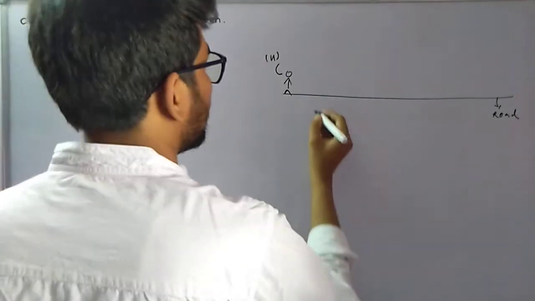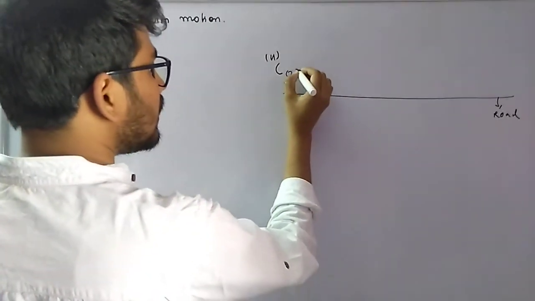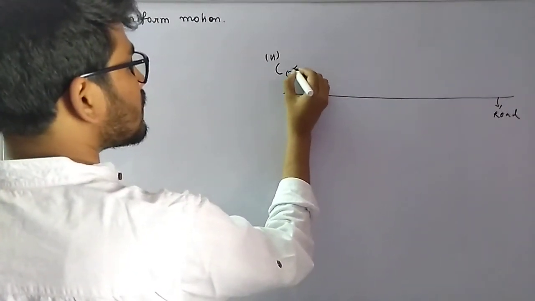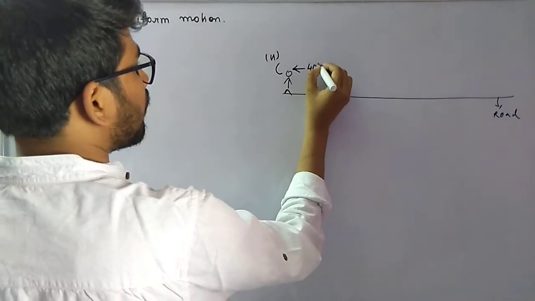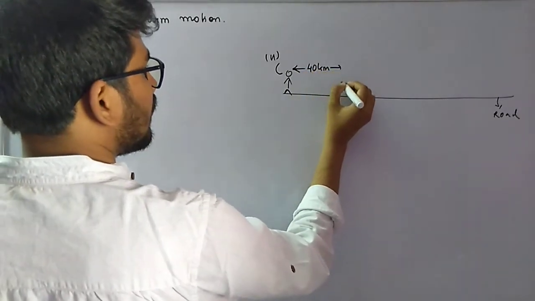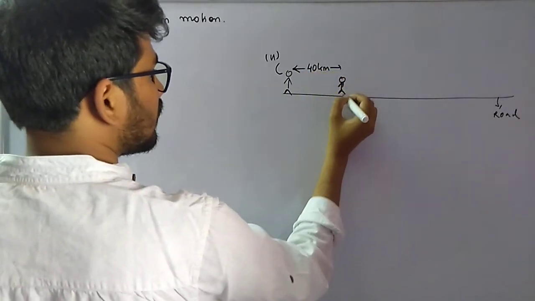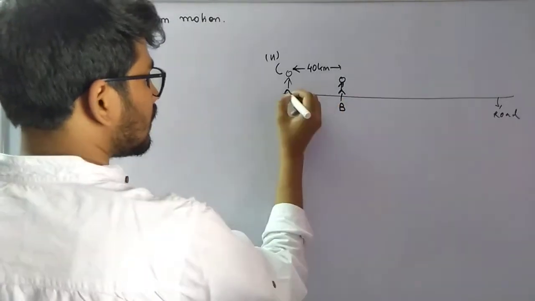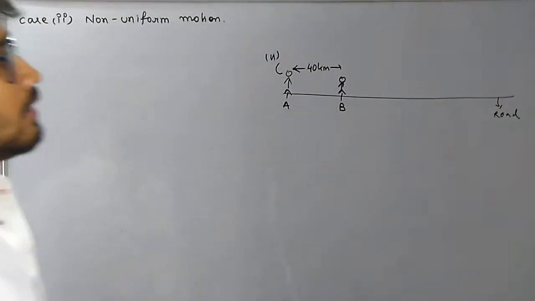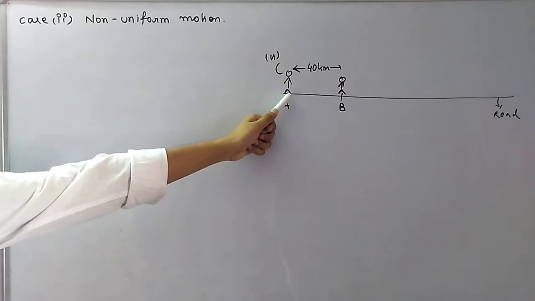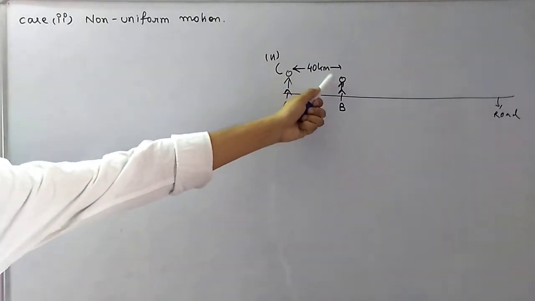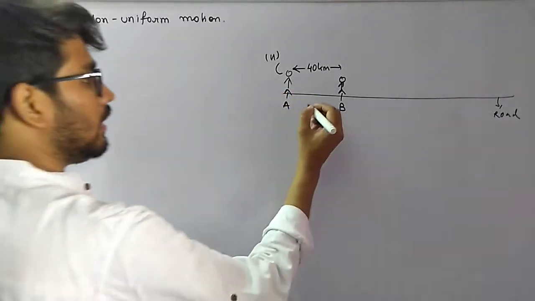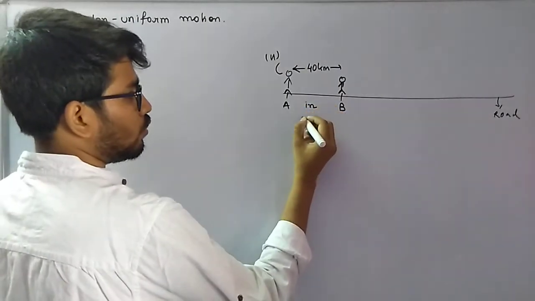We'll take it with another example. Suppose the person starts from point A, then covers a distance of 40 km and reaches a point B in 2 hours.